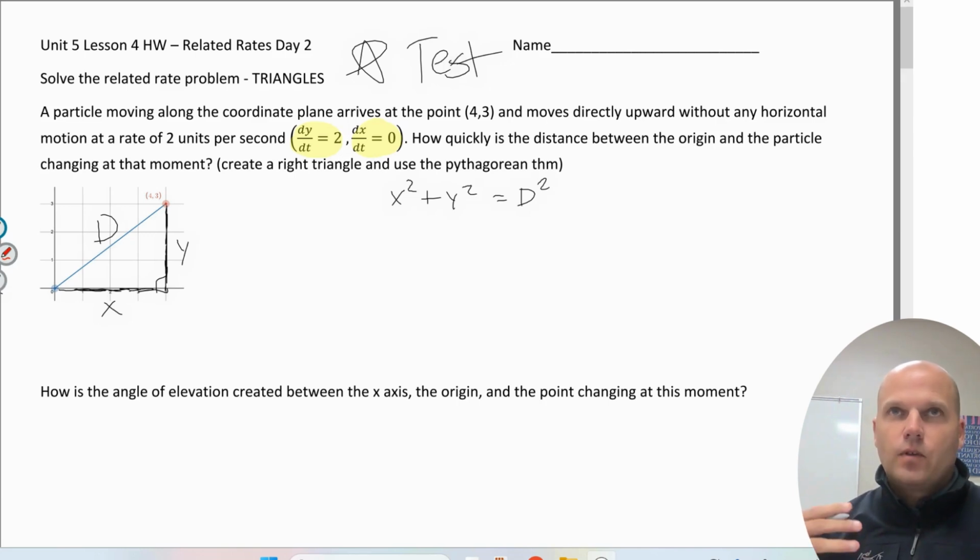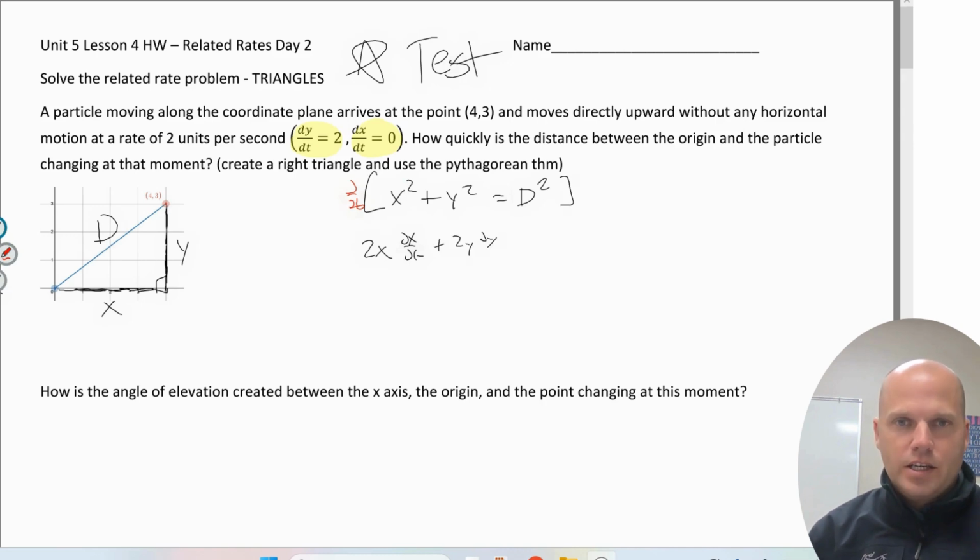Okay. For a lot of these questions, we will need the change formula of the Pythagorean theorem, which starts out as 2x dx dt. This is taking the derivative of the Pythagorean theorem with respect to t, plus 2y dy dt equals 2d dd dt.